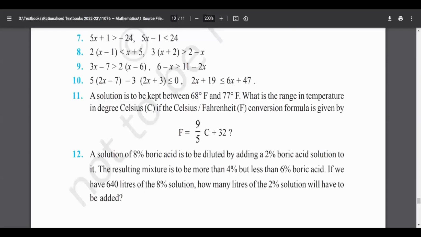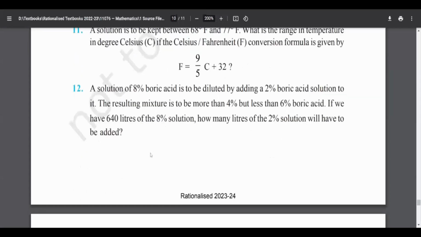Students generally face problems in forming the inequality, so I suggest reading the question carefully. Like here, we have given Fahrenheit is 68 to 77, so write it as an inequality that F lies between 68 and 77. Then substitute F, and we get our variable C. Then we can solve. Similar to questions 13 and 14, you can solve them easily.